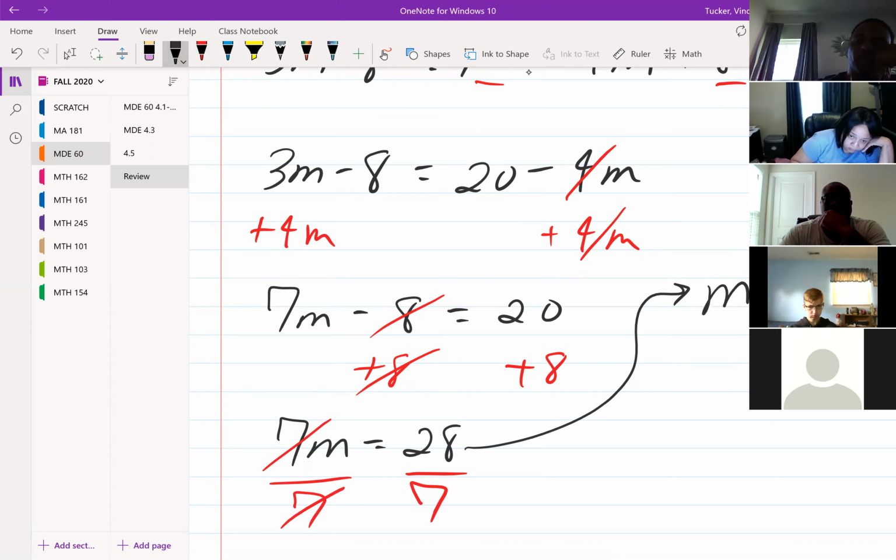M is equal to 4. Questions, questions, questions.